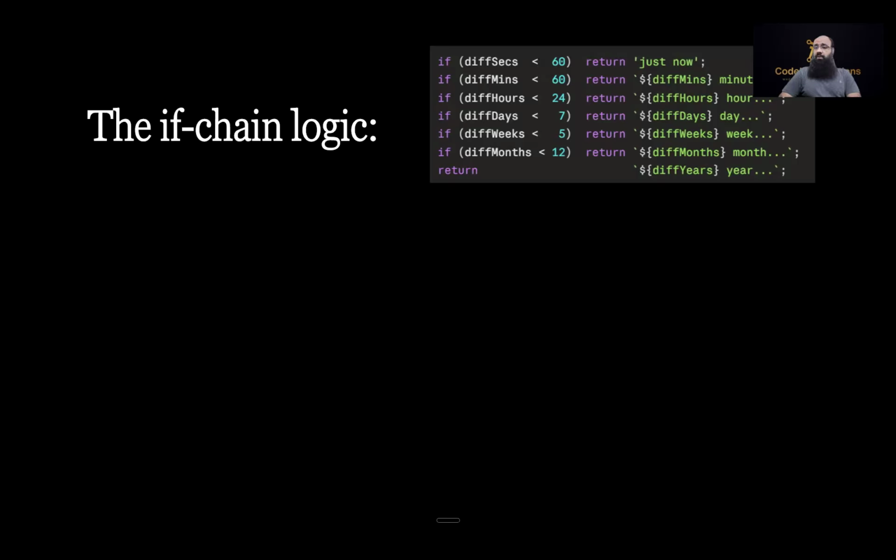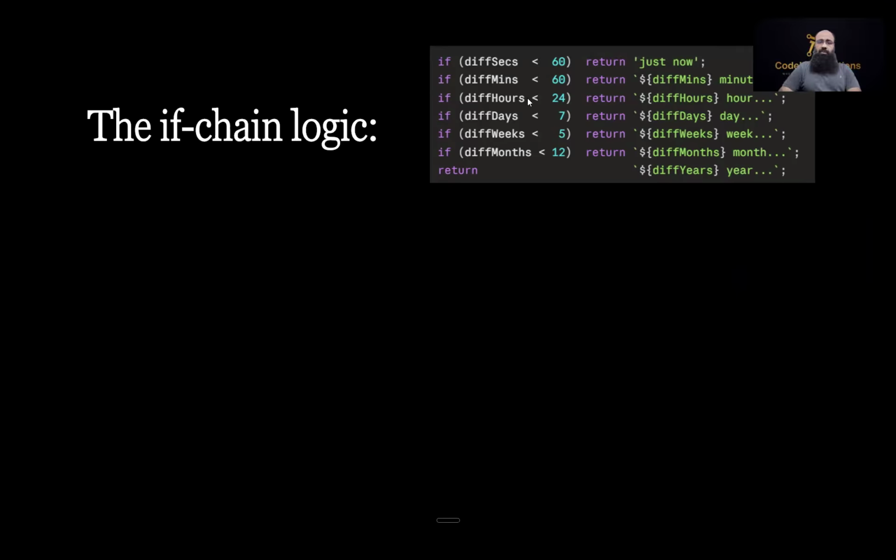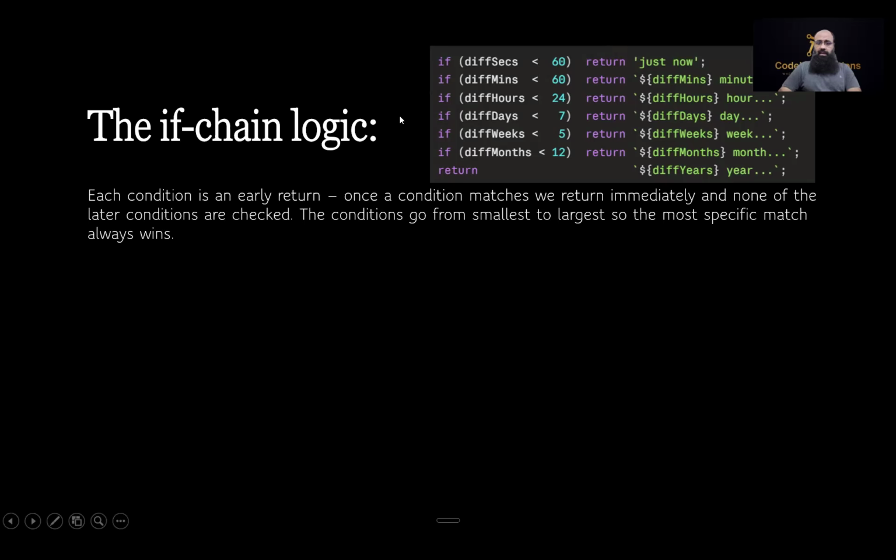Then comes the if chain. So if the time difference is less than 60 seconds, it's just now. And if the difference is less than 60, certain minutes and then hours, somewhat on similar lines, it's being used to chain that logic. You can see every condition is going to return as early as possible, because if the first condition is met, it's returned right away.